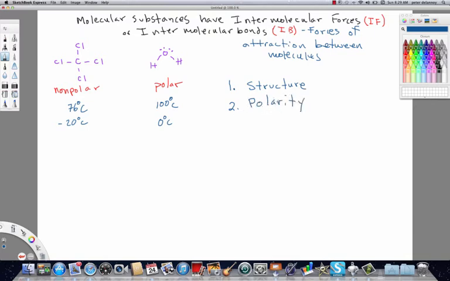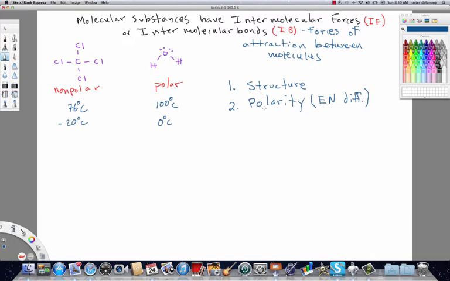The next thing is to be able to evaluate the polarity of the molecule. In order to do that, first you got to have the structure. In order to determine the polarity, you need to be able to evaluate the electronegativity differences between atoms. So I'm going to abbreviate that here, electronegativity differences. And these are the differences in the bond polarity within the molecule.